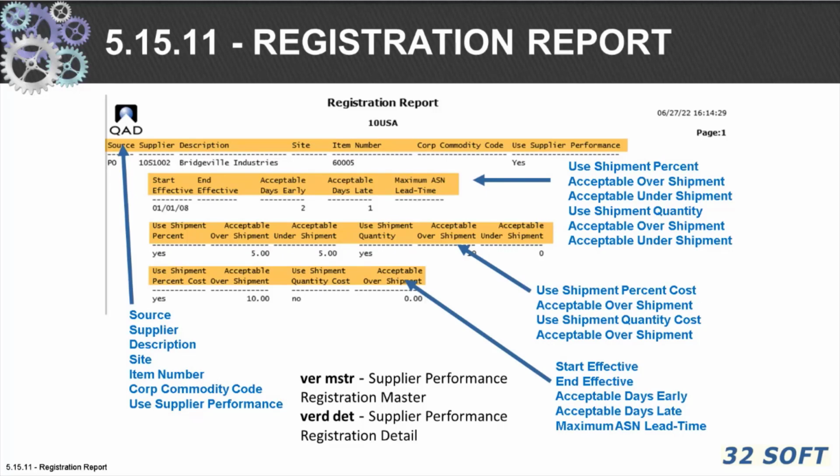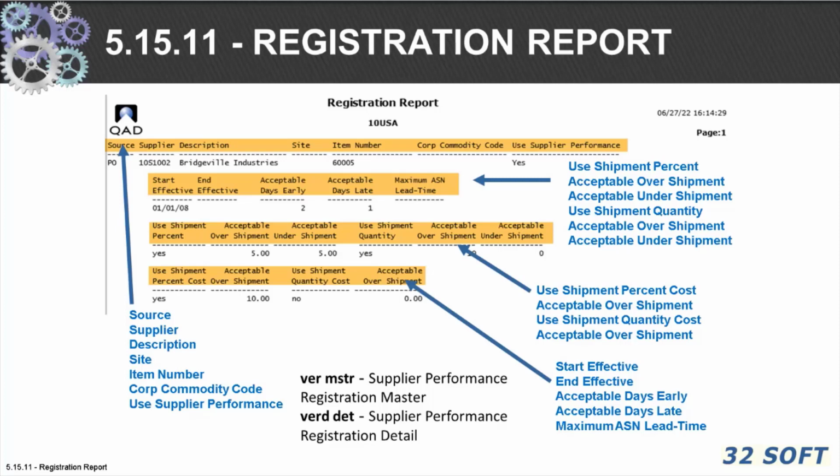However, as we all know, reports in QAD are somewhat cumbersome and normally require parsing in Excel to get at the data. I would recommend a browse that accesses VER master and VERD detail.